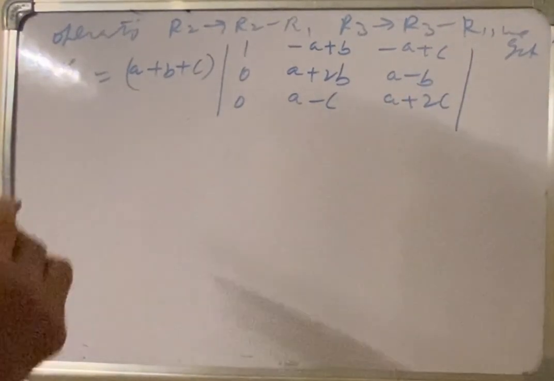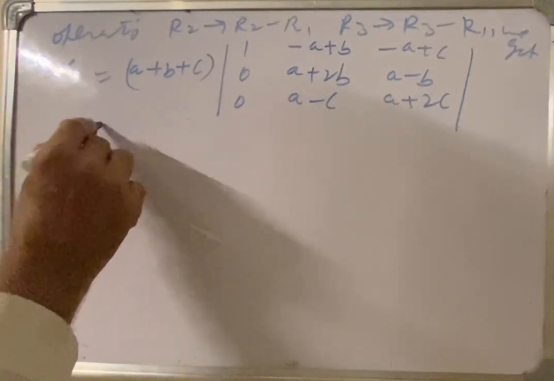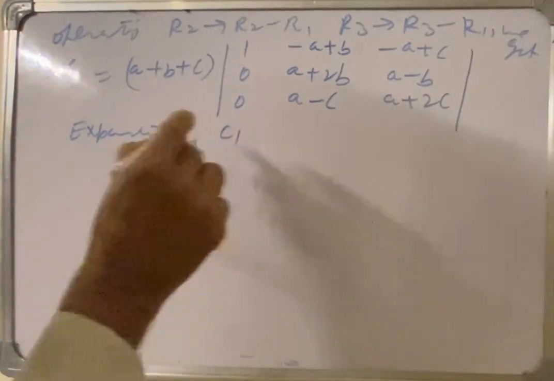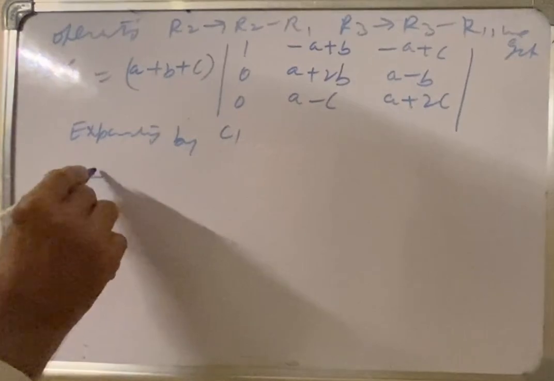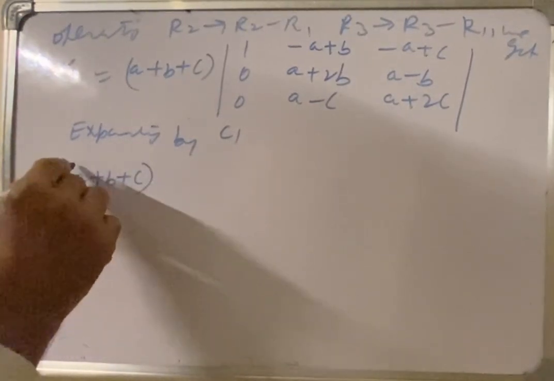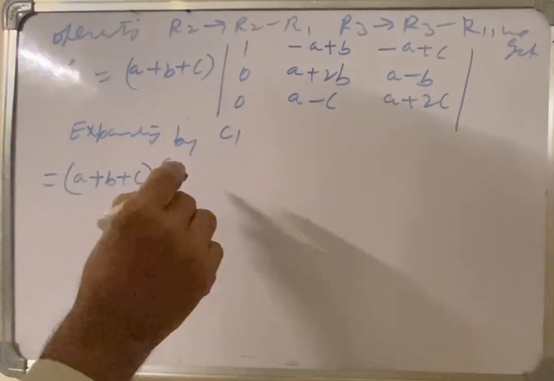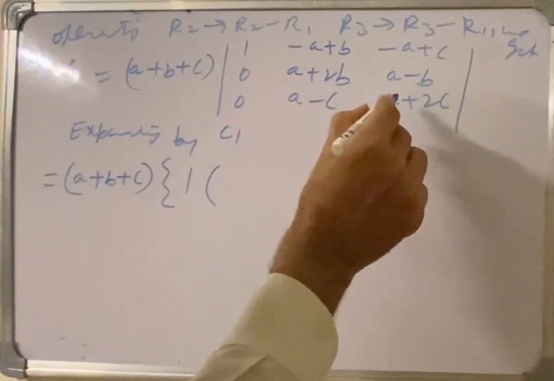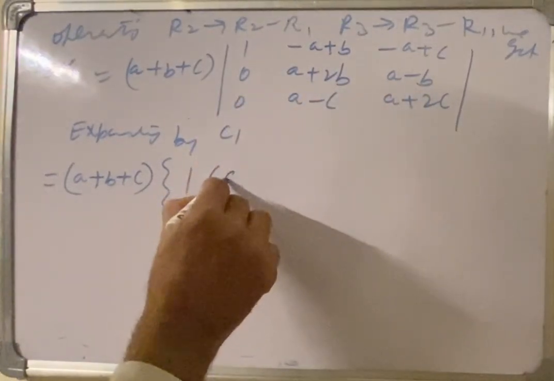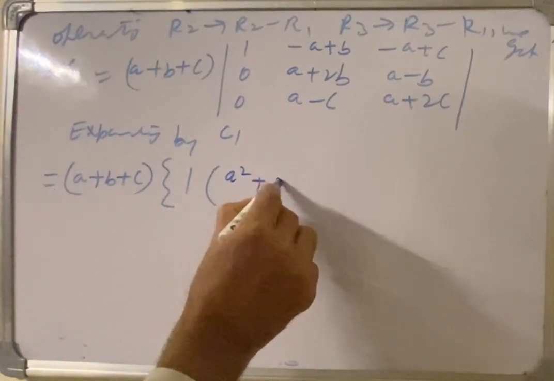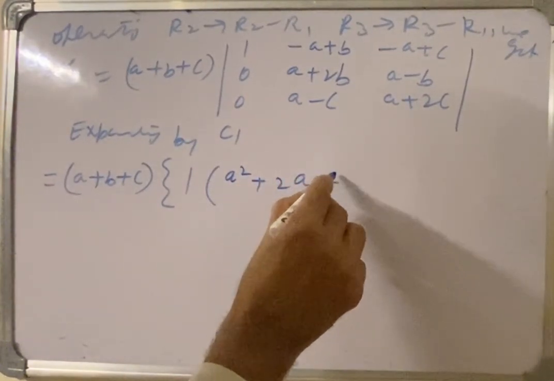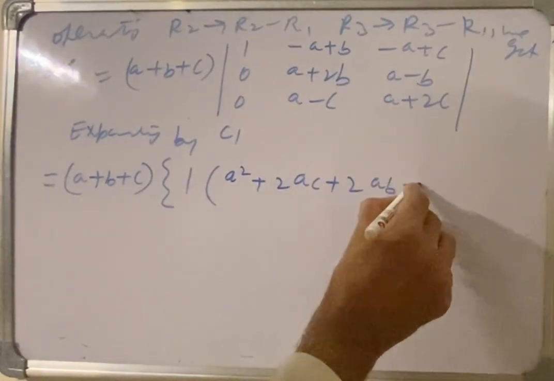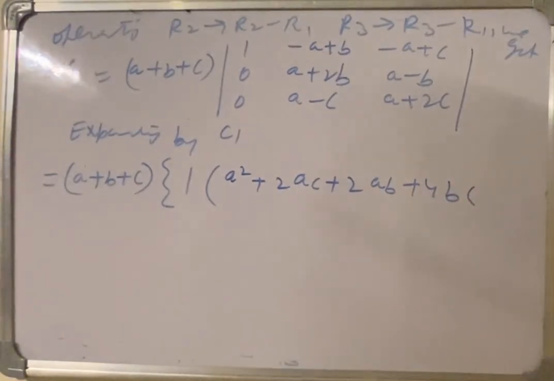Expanding by first column C1 is equal to A plus B plus C, 1 into A plus 2B into A plus 2C, it is A square plus 2AC plus 2AB plus 4BC.